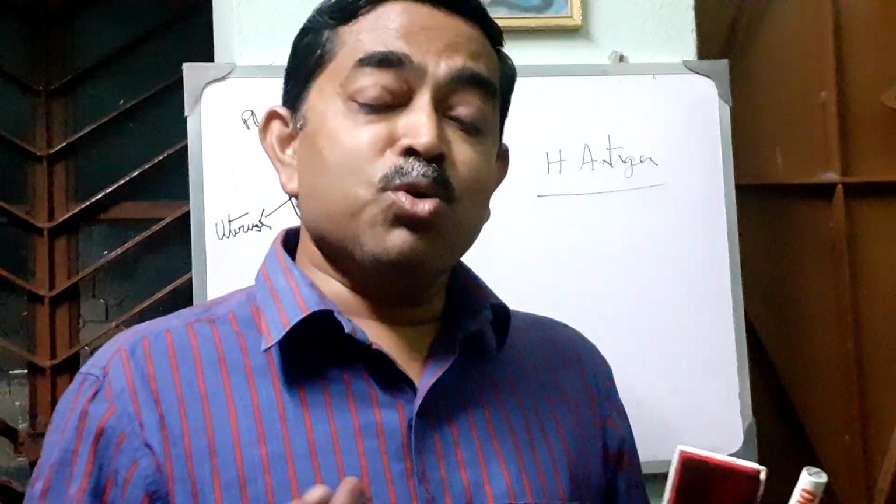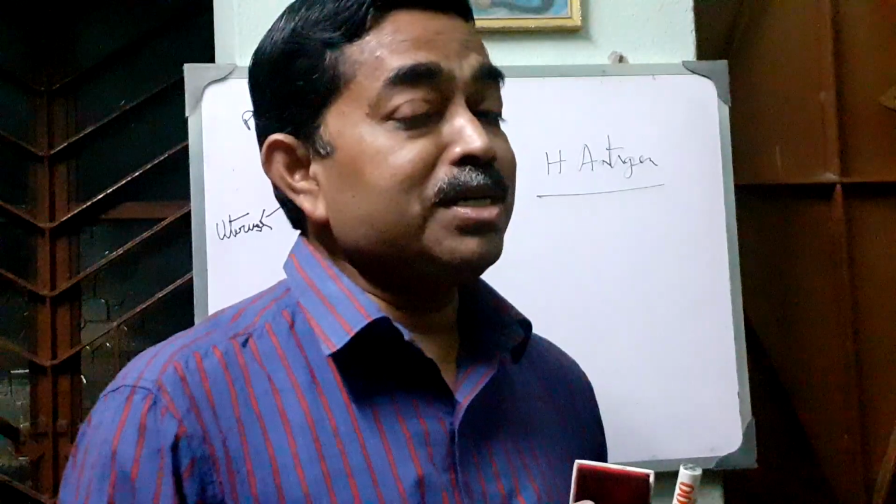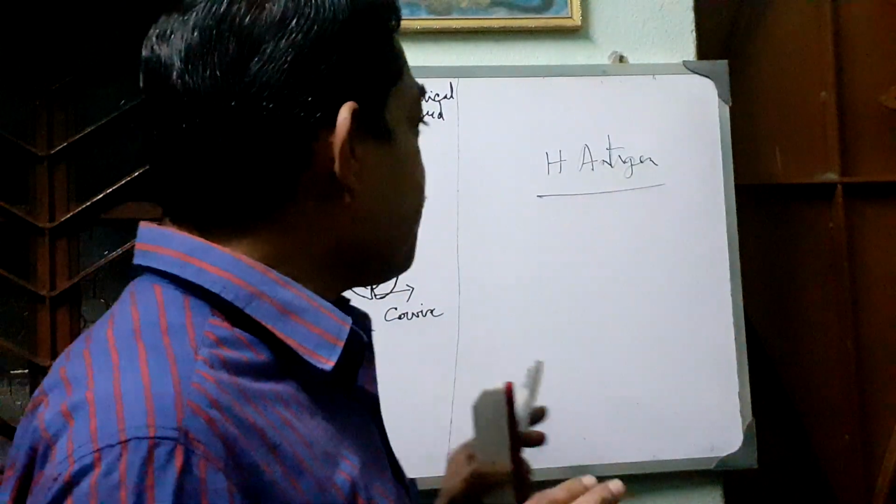Positive means O positive, O negative, A positive, A negative, AB positive, AB negative, like that. So there are 8 blood groups, and we have seen that the most abundant blood group is O positive, and the most rare blood group is AB negative, from the table shown in the previous video.